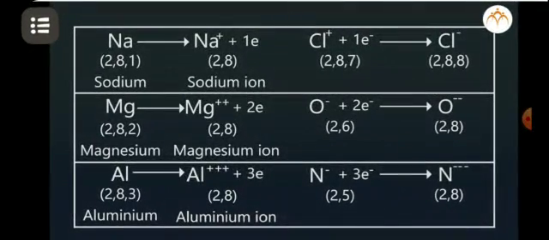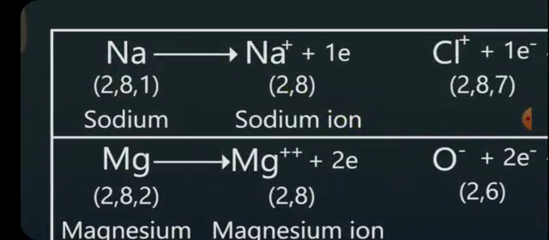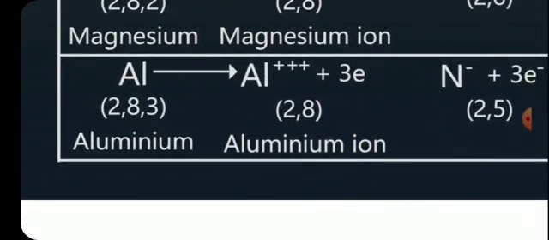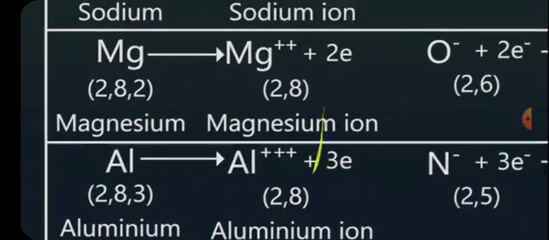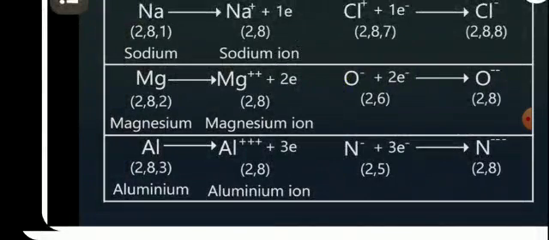This slide shows how cations are formed when metal loses outermost valence electron. Sodium ion, magnesium ion and aluminium ion are formed by loss of 1, 2 and 3 electrons respectively.